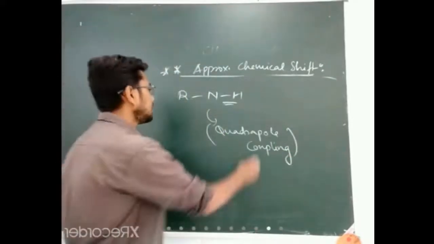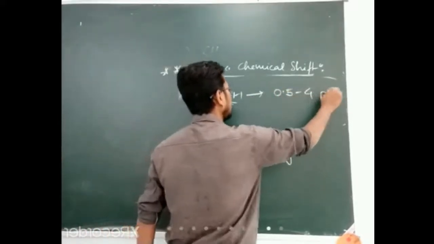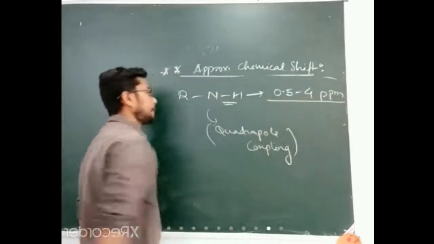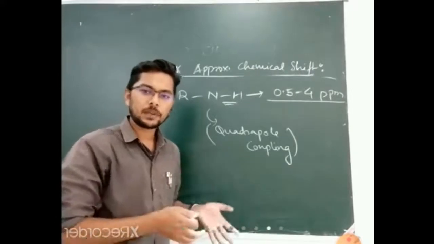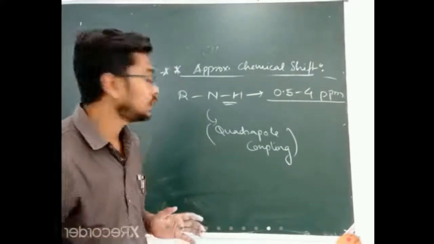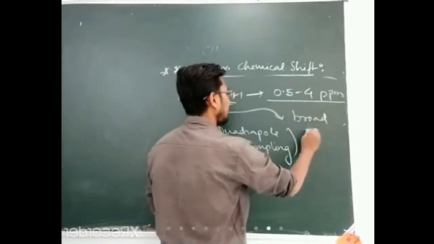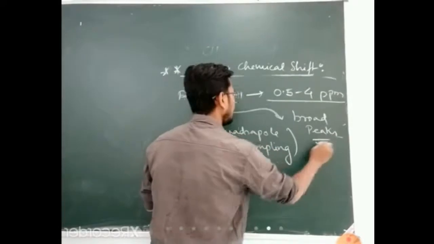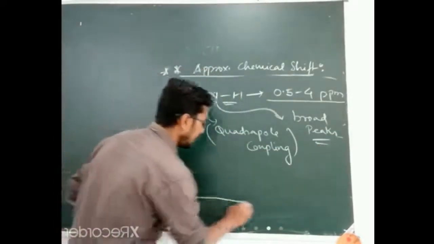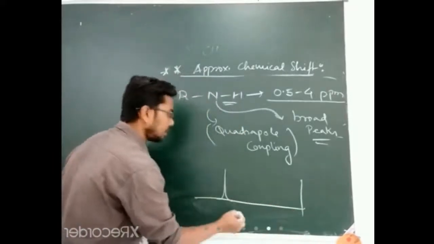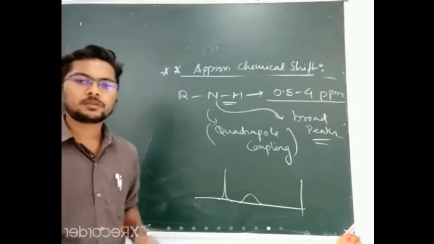Because of this, the range is around 0.5 to 4 ppm, and they appear as broad peaks. Also their position is variable. So if you have a spectrum, your NH peak will come somewhere in this range, and it will be broad in nature.